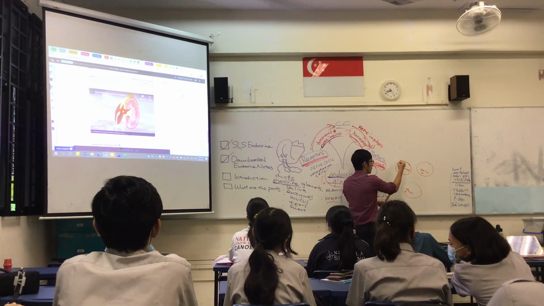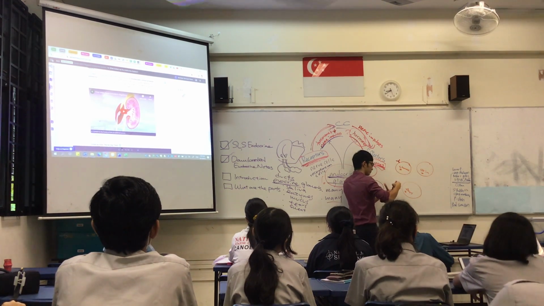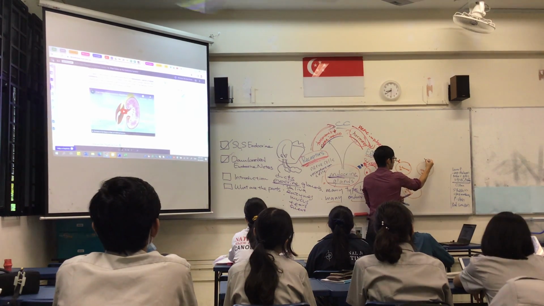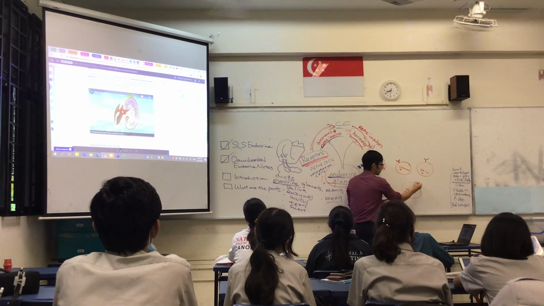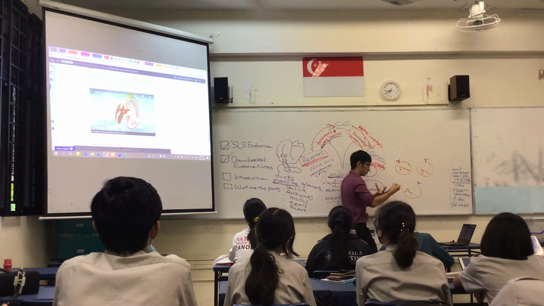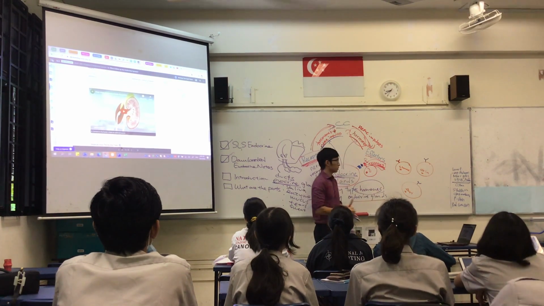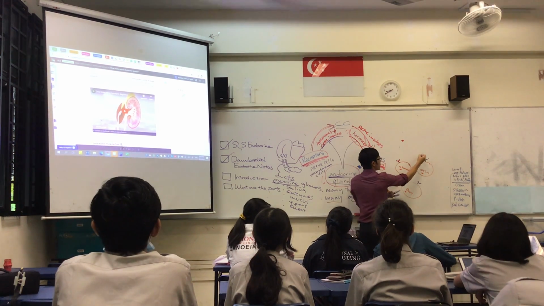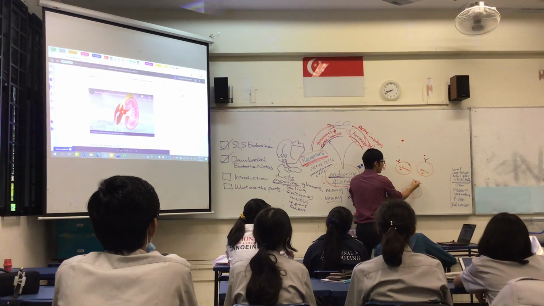Each cell could have their own receptors. And hormones could be flowing everywhere at any point in time.